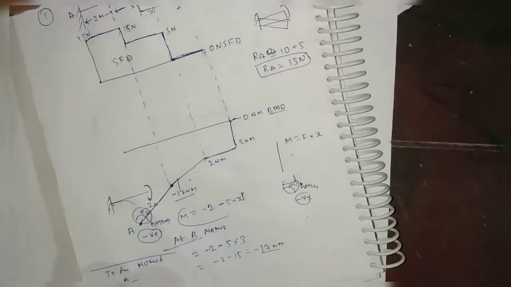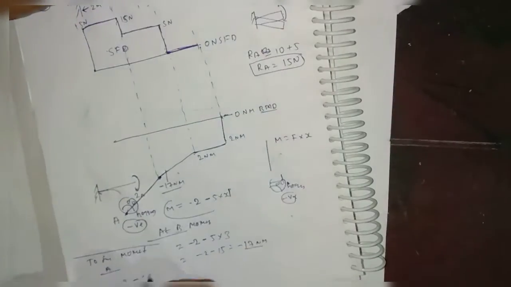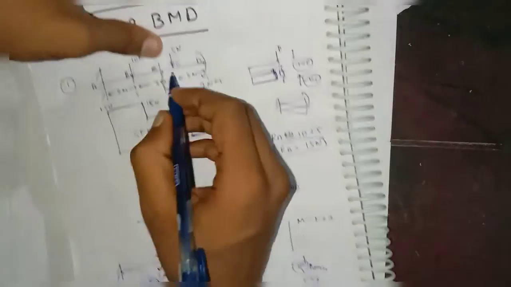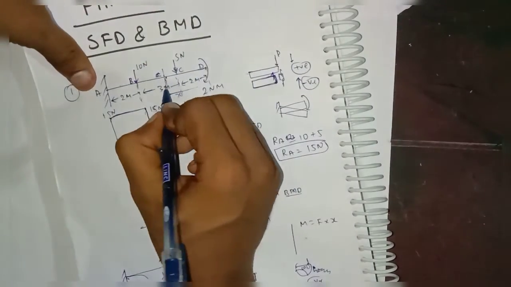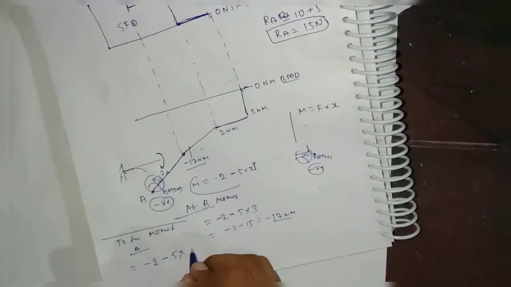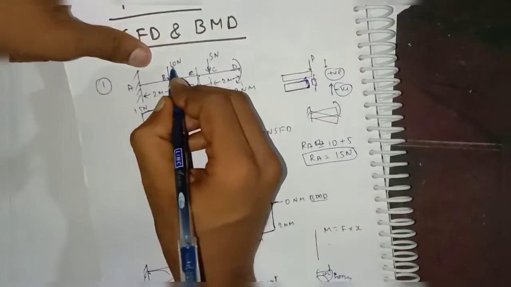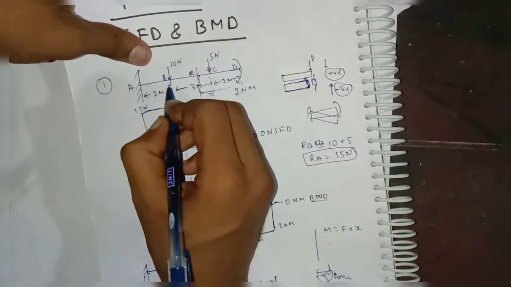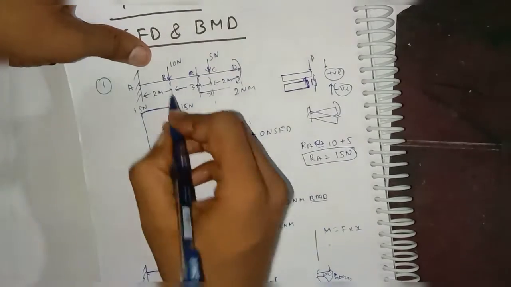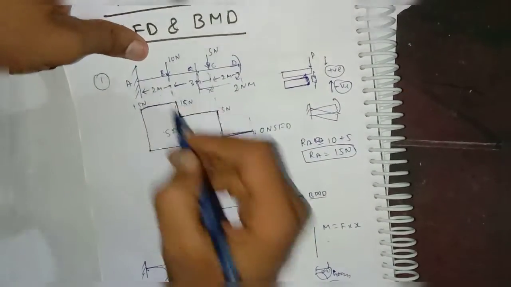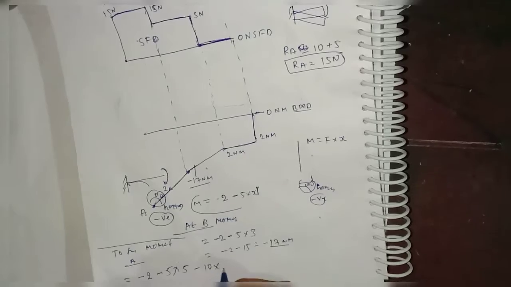Then minus 5 into this distance, 3 plus 2, 5, so we have to consider this 5, okay. And minus, this 10 Newton is also upward, so in this case also we have to consider moment as negative, so 10 into 2, right? So this will be 10 into 2.